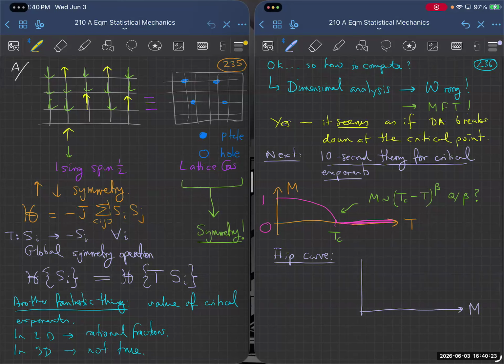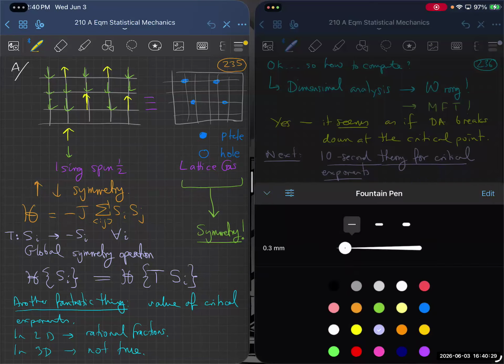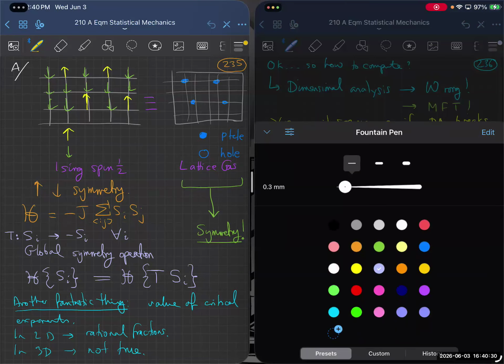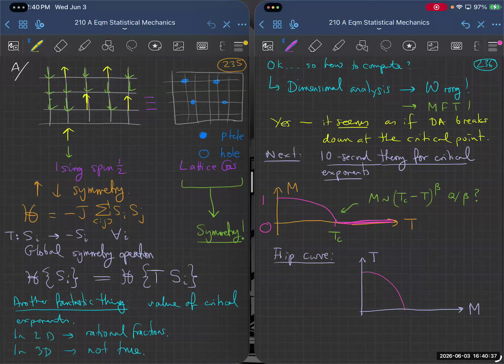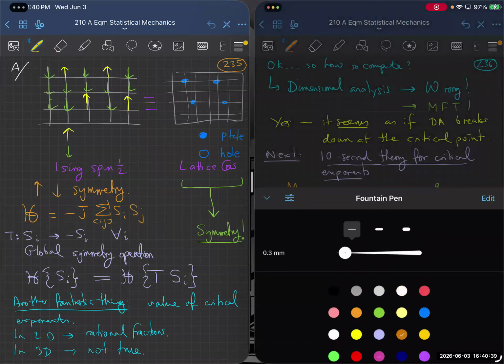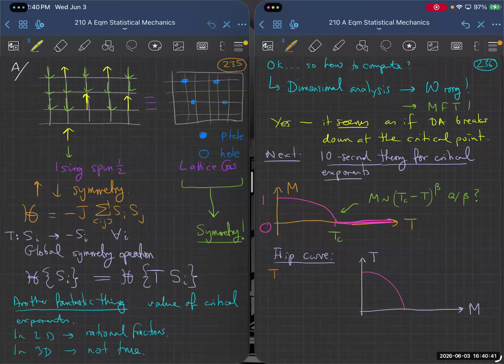On this axis I have m, and on this axis I have t, and the curve that I drew is this one. Now instead of m as a function of t, we're going to ask t as a function of m. So let's make a theory for t as a function of m.